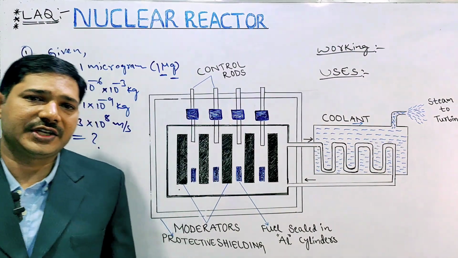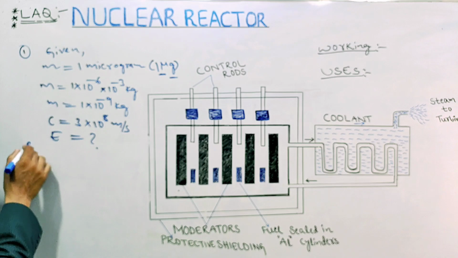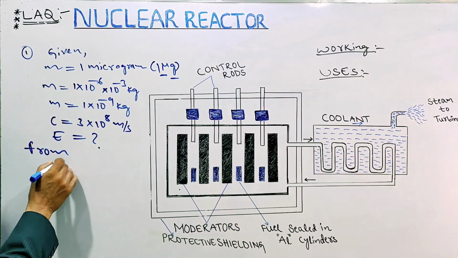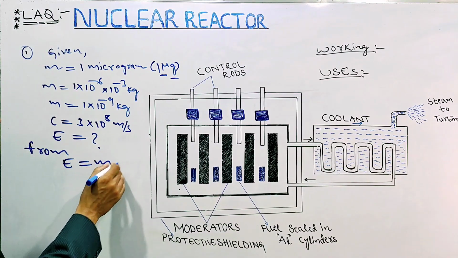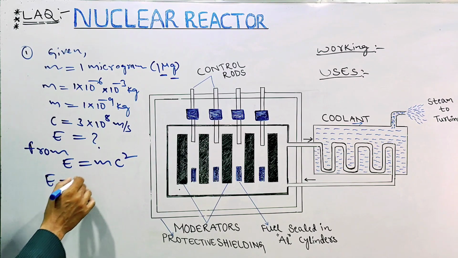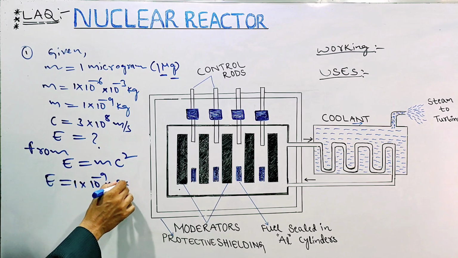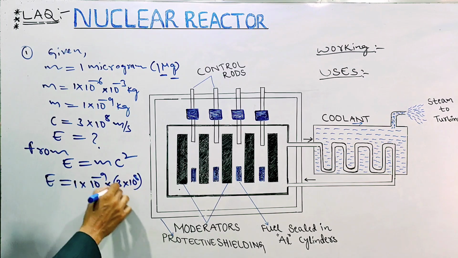Here we use Einstein's mass energy relation. What is the mass energy relation? E equals mc square. From E equals mc square, m is 1 into 10 to the power of minus 9, and c is 3 into 10 to the power of 8, whole square.